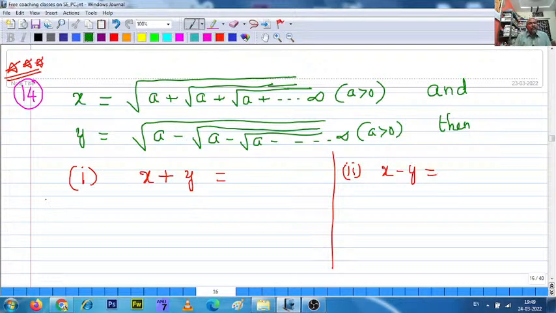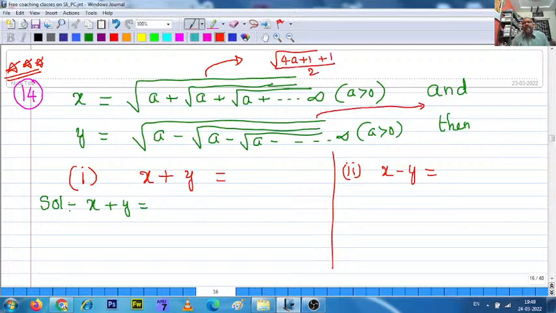So now see, I would like to do like this, x plus y. So my dear students, you know that this is nothing but root of 4a plus 1 upon 2. Am I correct now?